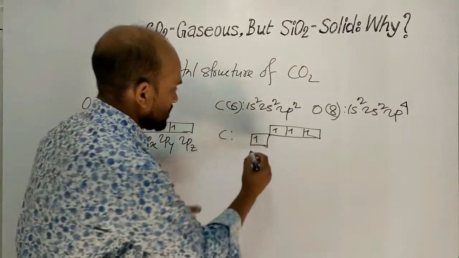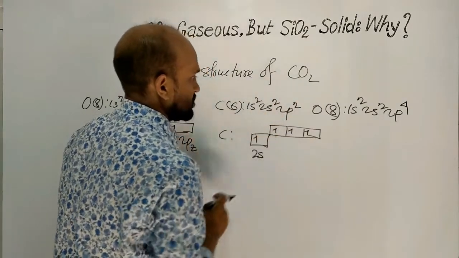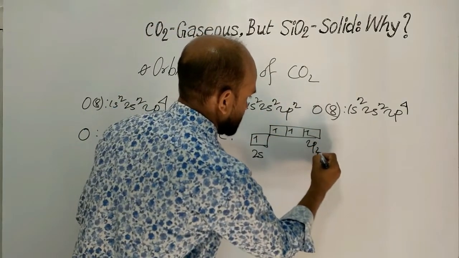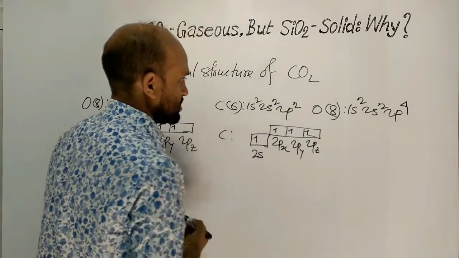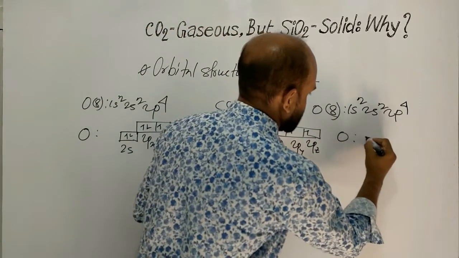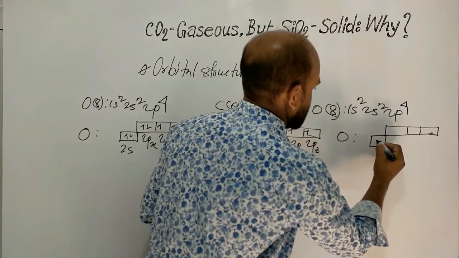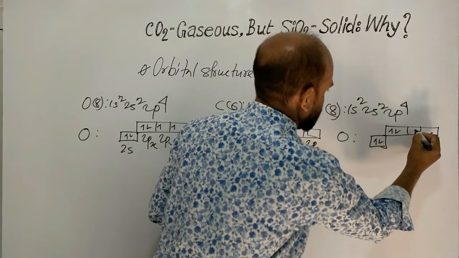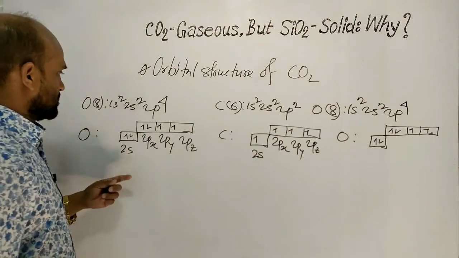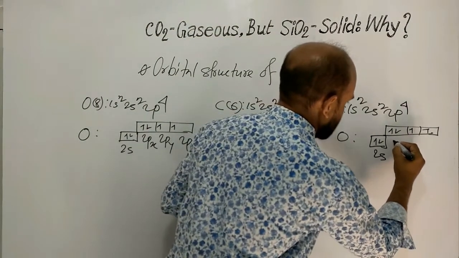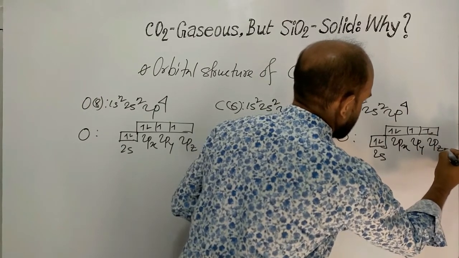Here 1 electron of the 2s orbital jumped to the 2pz orbital. This is 2pz, 2px, 2py. Oxygen in box system: 2s, 2p, 2 electrons, 1 electron, and here another electron. This is 2s, 2px, 2py, and 2pz.